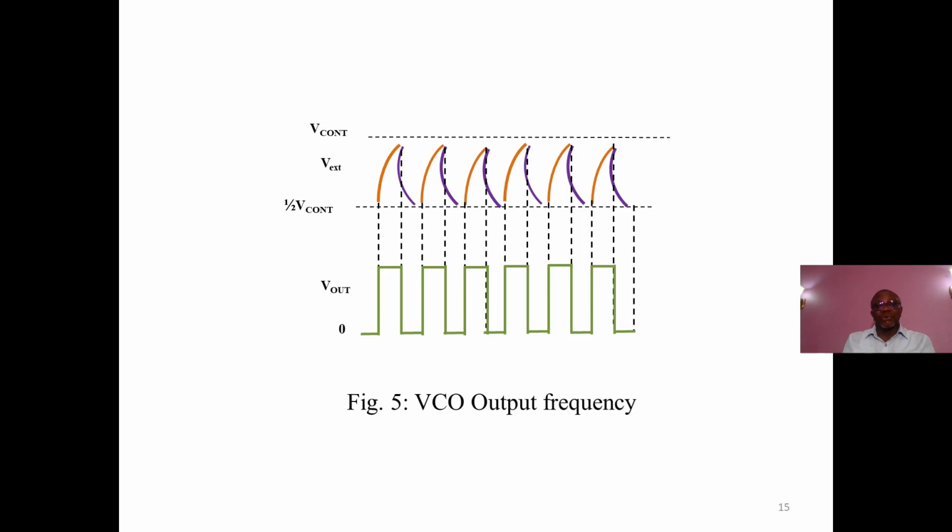So when you do that, you still see a similar going up, which we represented with orange, going down, which we represented with purple. So it will continue to go that way.